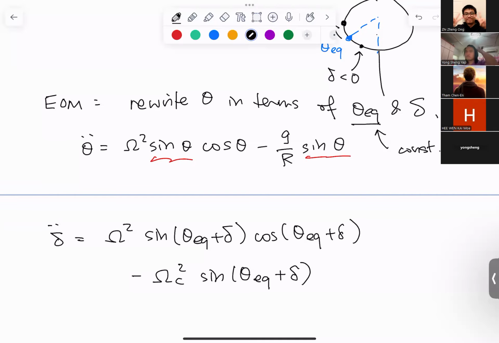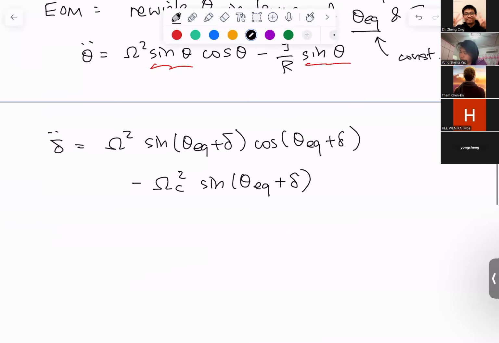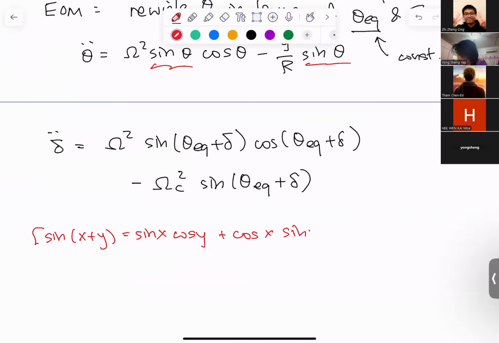All right. We know how to expand sines and cosines. So sine of x plus y is equal to sine x cos y plus cos x sine y. And cosine of x plus y is equal to cos x cos y minus sine x sine y.